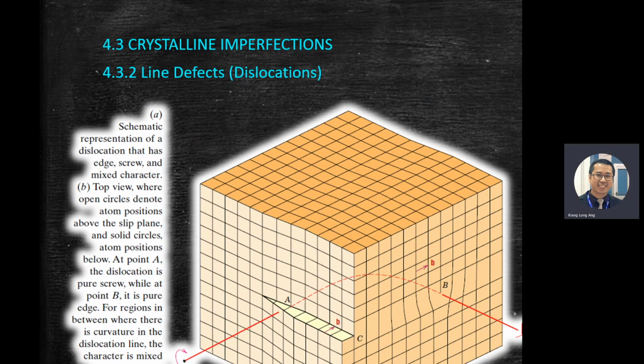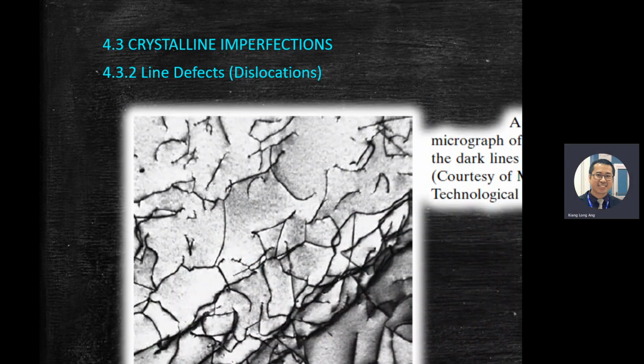It becomes screw, and one missing line happens at the top of the diagram. Observe what happens to the Burgers vector here. Okay, this is under the microscope. You might see this in your lab, and you need to explain this.